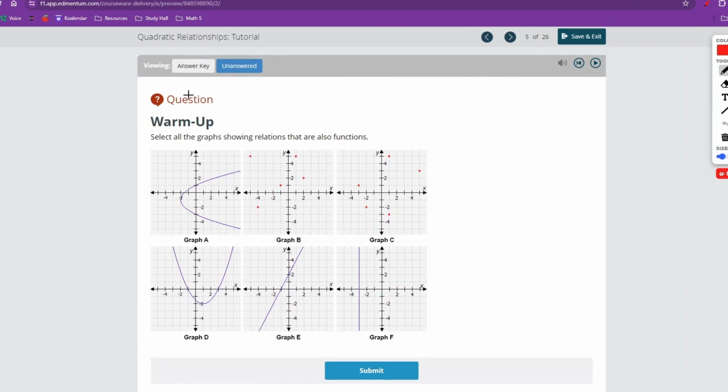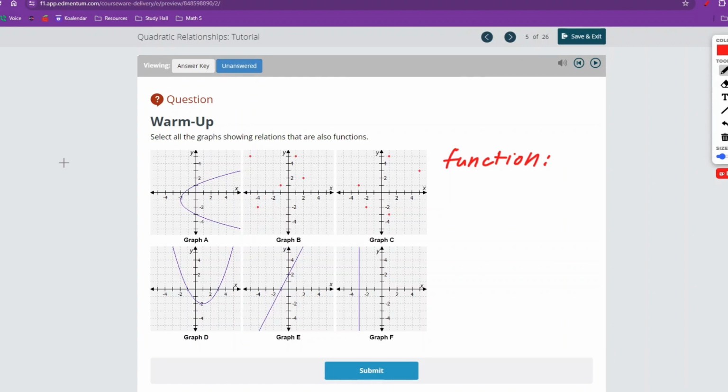So a function is a relation, and of course relations just being a set of two numbers. So when we're talking about graphing a point or graphing a line, that's a set of two numbers. So that is a relation.